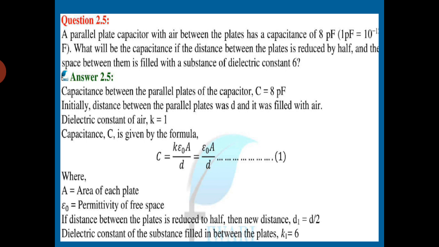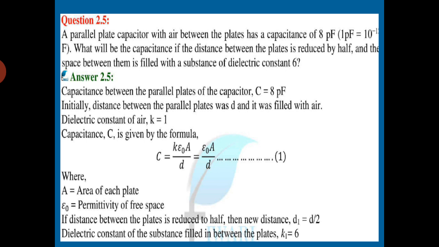You are given a parallel plate capacitor. The medium between the two plates of the capacitor is air. Capacitance C is equal to 8 picofarads. Pico means again 10 raised to power minus 12. Clear? Parallel plate capacitor. So what is the expression for the capacitance of a parallel plate capacitor?